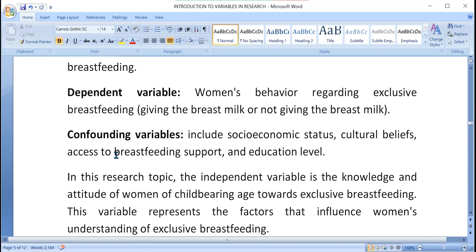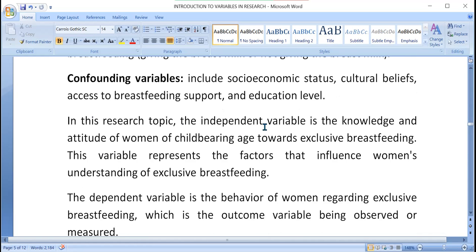Whether the person has the knowledge or not, he or she will definitely exclusively breastfeed the child because the elder sister did it and she saw the outcome. So breastfeeding support can be a confounding variable and therefore can alter our studies, because we're trying to study if knowledge and attitude can have an impact on the practice known as exclusive breastfeeding.